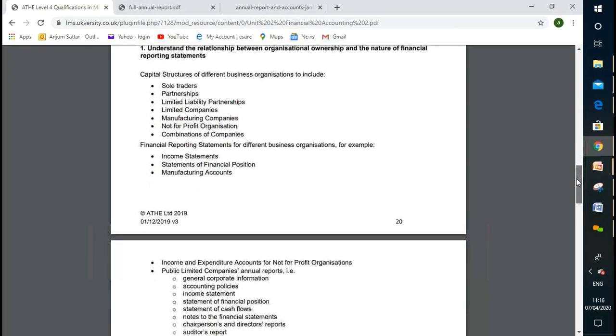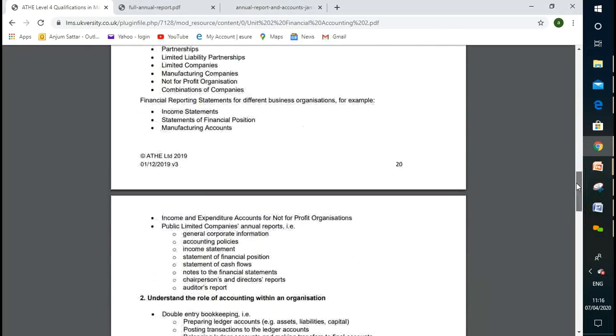Then financial reporting: how different organizations prepare reports and report to the various stakeholders. All of this will be the focus of today's lesson.